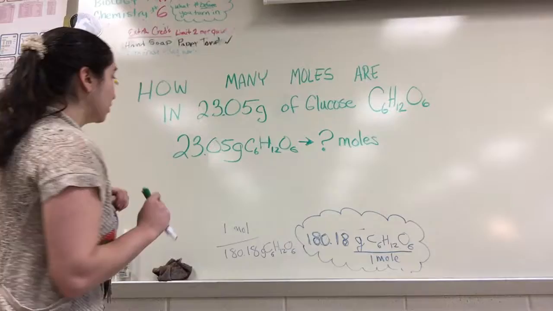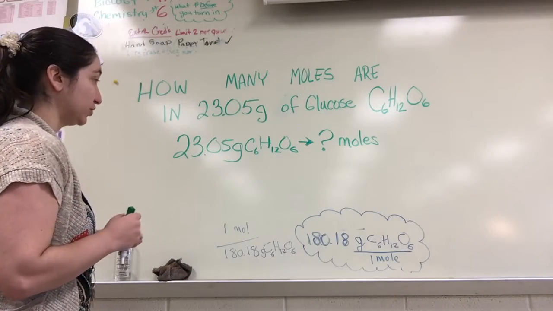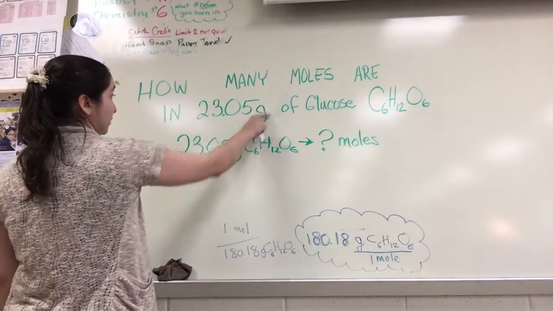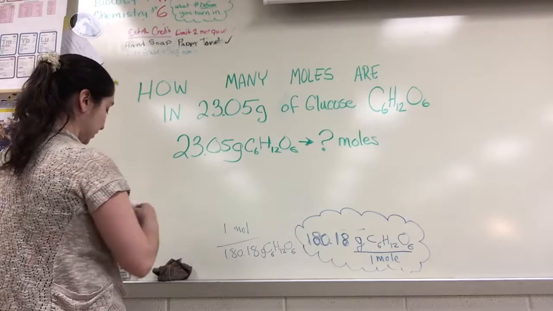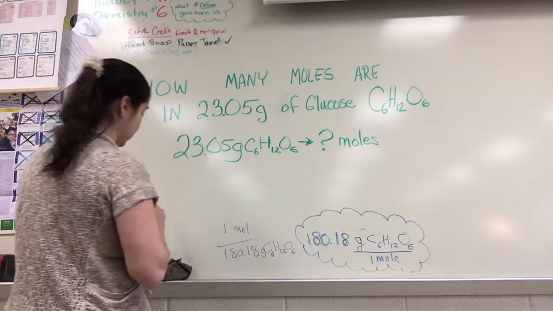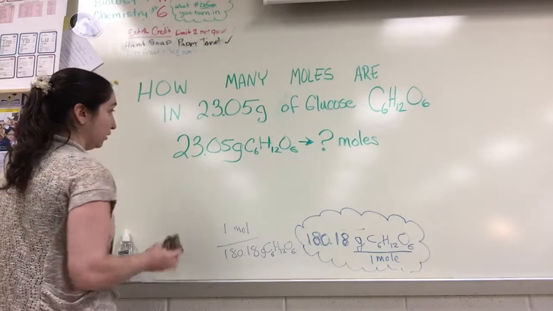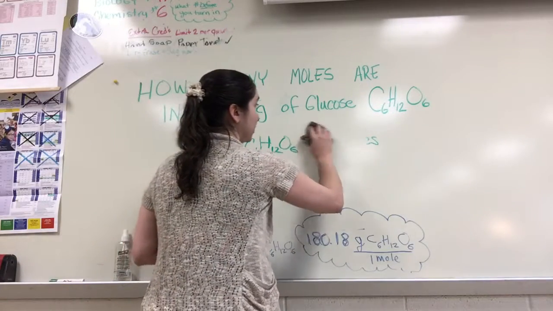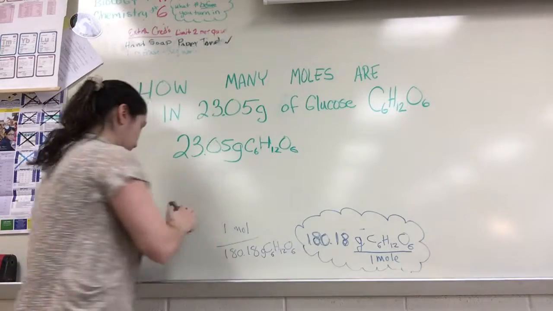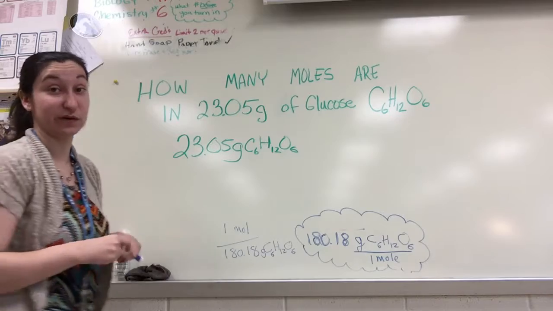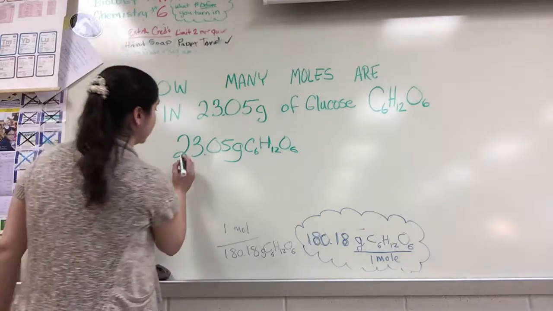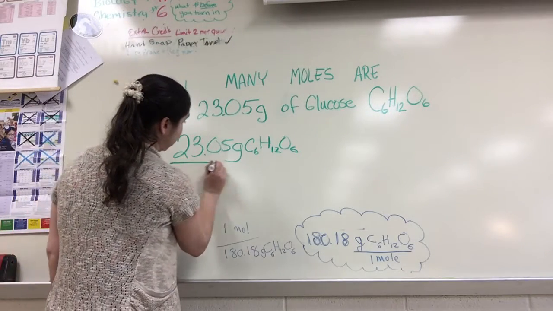So what you're going to do is start with what you're given. You are given this number. I am going to erase this because I need some room here. I'm going to set this problem up this way. I call it the railroad technique because it resembles a railroad track.